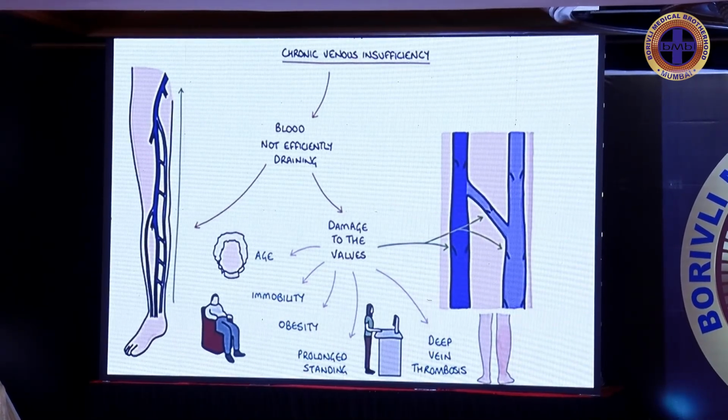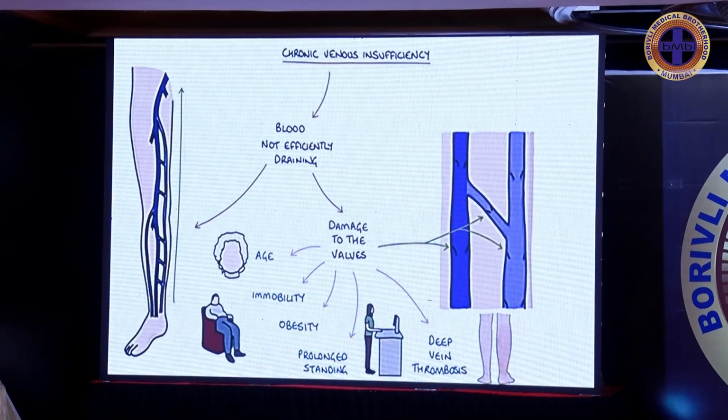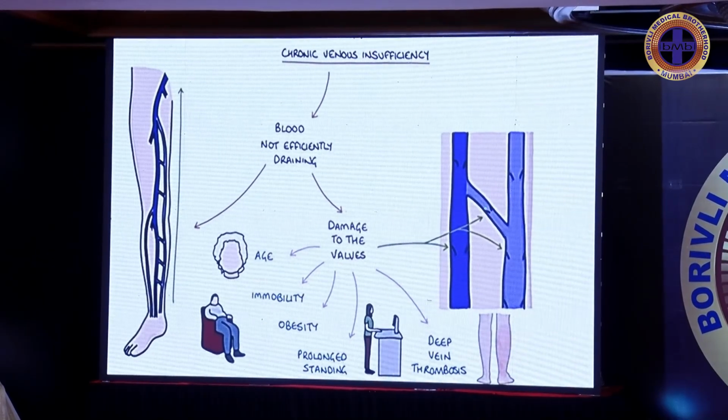This results in formation of hemosiderin pigment in the skin and the subcutaneous tissue, resulting in pigmentation, and because of the pigment, irritation as well, resulting in itching and even lipodermatosclerosis, that is skin thickening. That is the reactive response to the hemosiderin pigment within the skin and subcutaneous tissue, resulting from venous stasis.